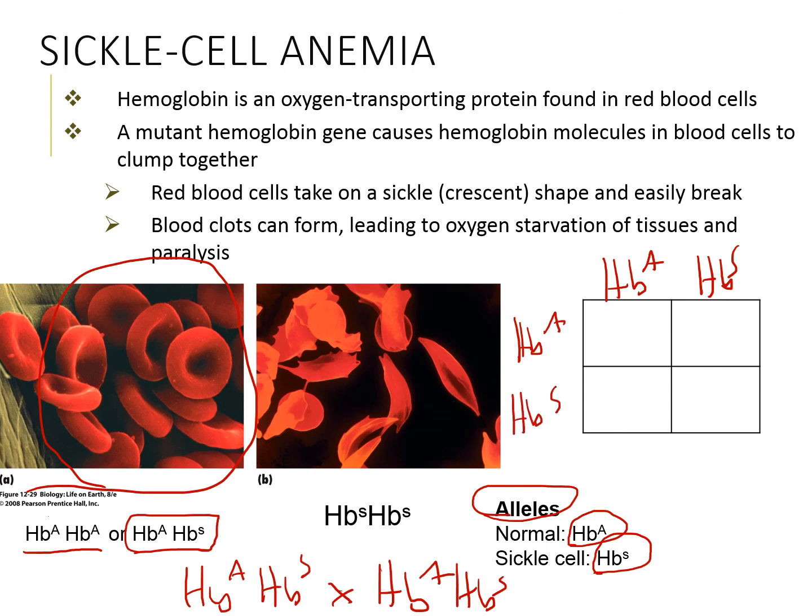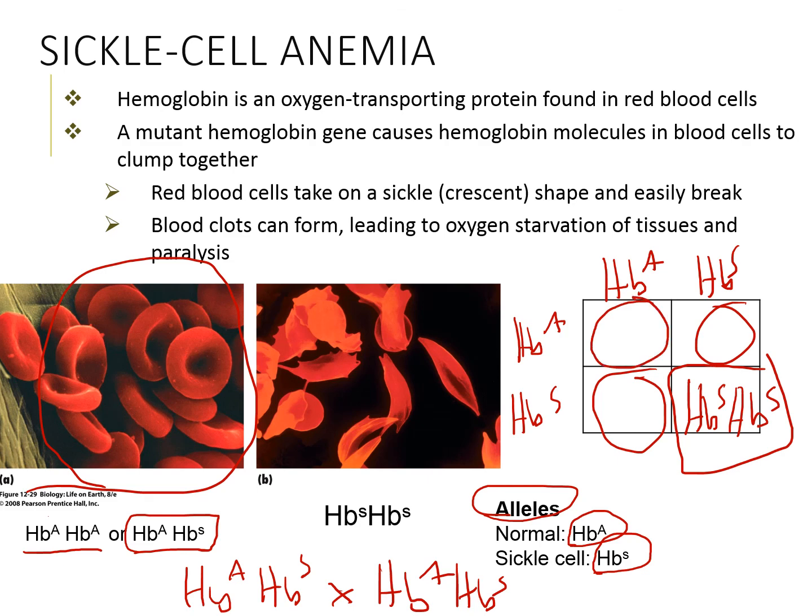Then when you fill all these in, notice this square is going to be an affected individual who has sickle cell anemia. They're going to get an HbS allele from both parents, HbS and HbS. Okay, and then these two will be carriers, and then this one will be HbA, HbA.